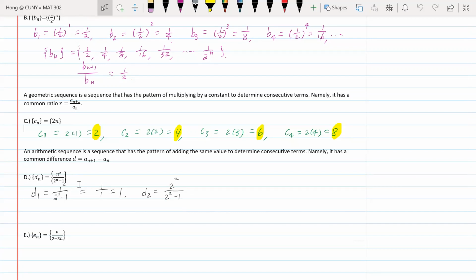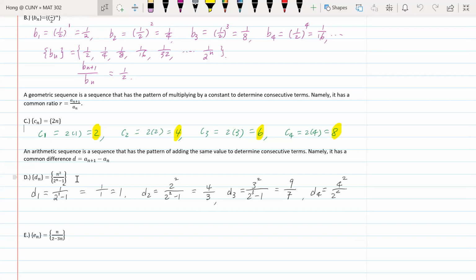So the top is 4, denominator 3. And D sub 3 equals 3 to the second power over 2 to the third minus 1. So the top is 9, the bottom is 7. Right? D sub 4 equals 4 to the second power over 2 to the fourth power minus 1.